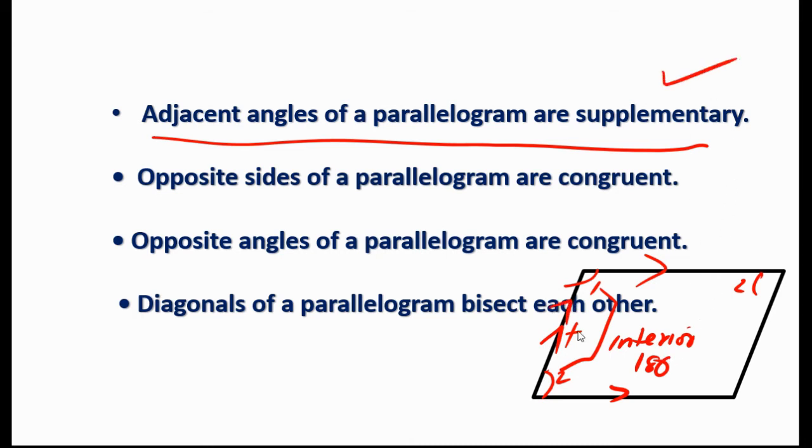If you consider these two as parallel and this as transversal, then angle 1 plus 2 also will be interior angles, and their sum also will be 180 degrees. That is the statement. Interior or adjacent angles of a parallelogram are supplementary.